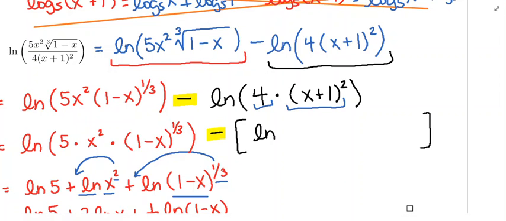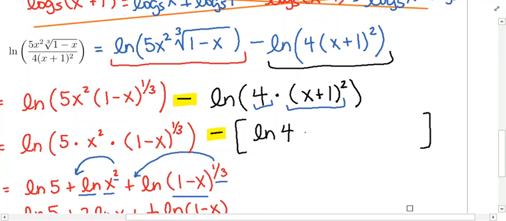Okay, so in the brackets, I'm writing down how this logarithm expands. It's going to be the natural log of 4 plus the natural log of x plus 1 squared. Okay, that is how that one breaks up. It expands into 2 logarithms that we're adding together. It is the logarithm of the first thing plus the logarithm of the second thing.